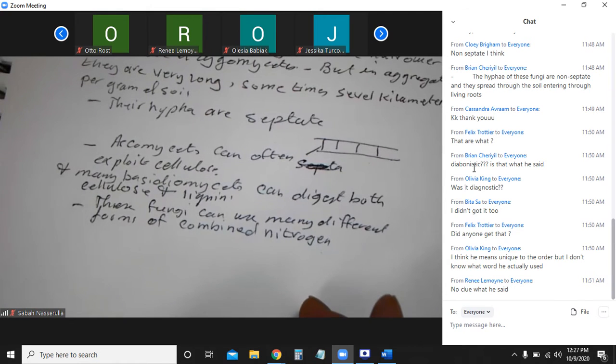And also to mention, even some group of ascomycetes, as a matter of fact, even they can digest the keratin.